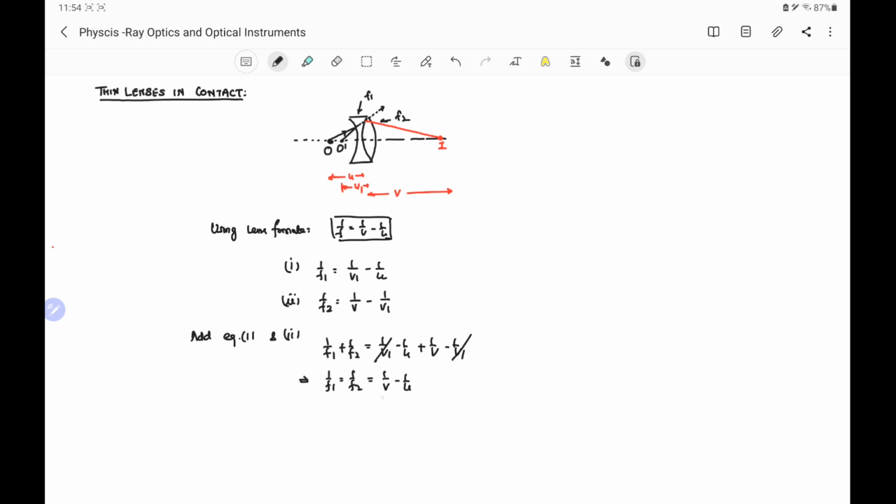Therefore, this 1 by v minus 1 by u can be considered as 1 by F, where F is the final focal length of the combination. This implies that 1 by F will be equal to 1 by f1 plus 1 by f2. And because power is the inverse of the focal length, the net power of the combination will be equal to the sum of the individual powers.